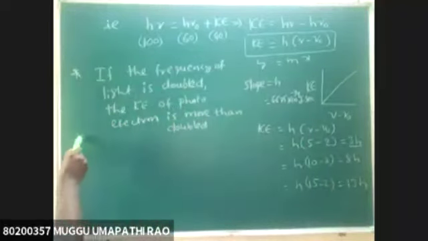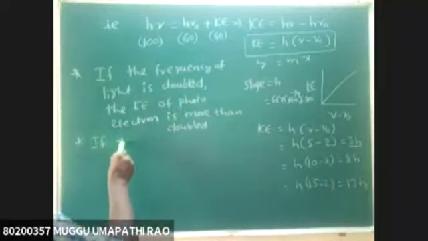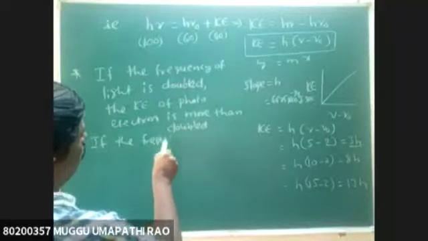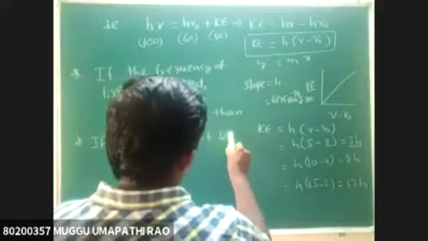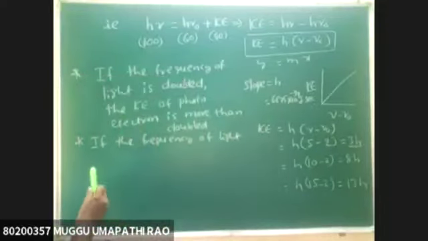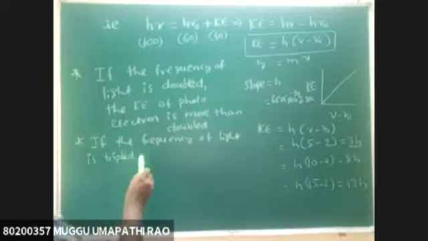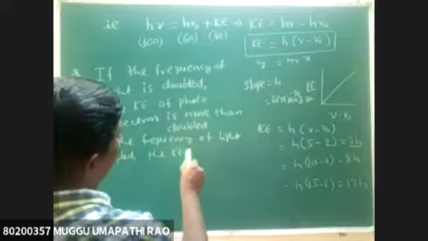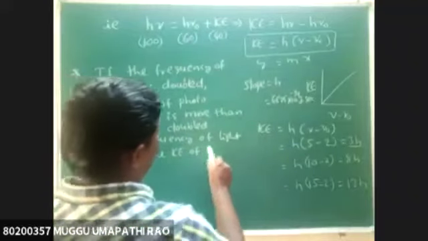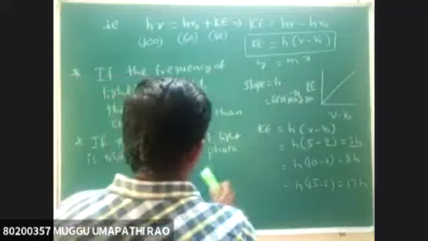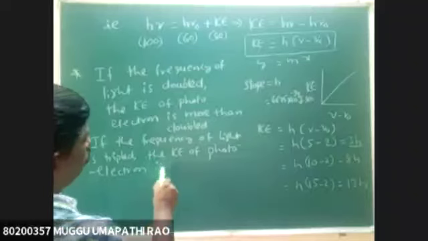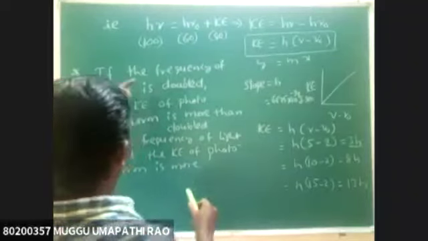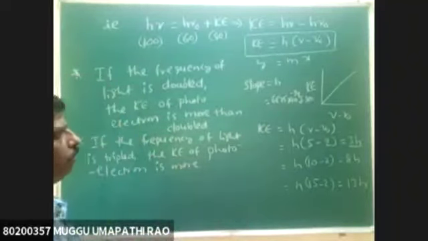So next point, if the frequency of light is tripled, then the kinetic energy of the photoelectron is more than triple.